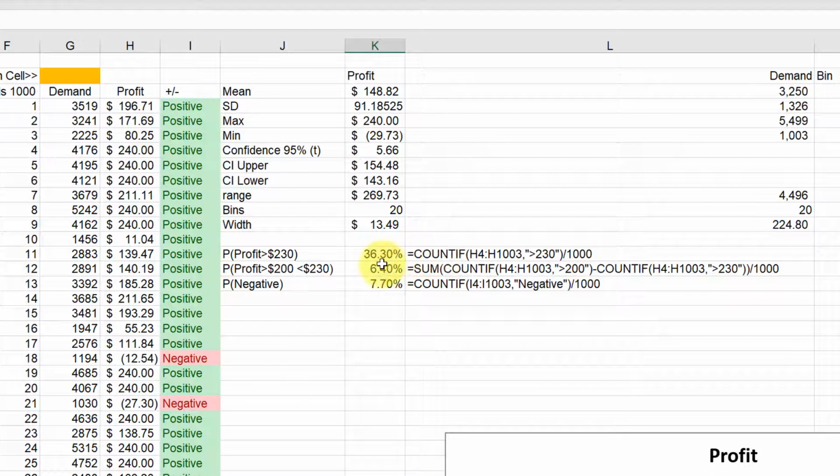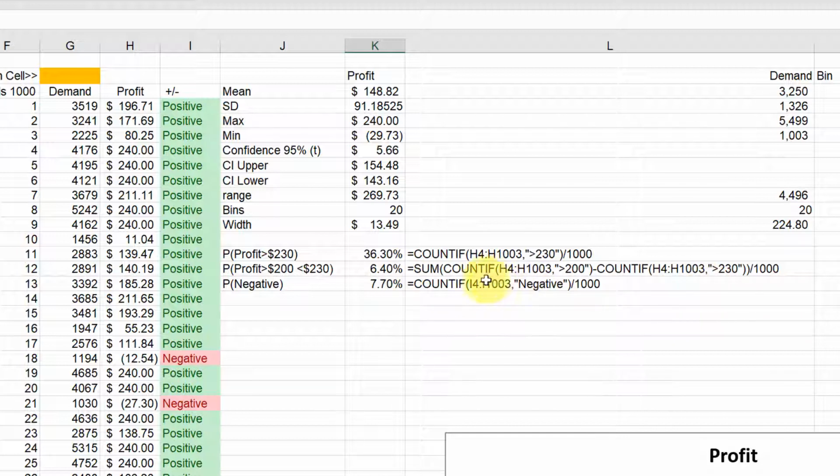And that came out to be 36.3%, or the COUNTIF brought back 363 places or outputs where the profit was greater than 230. So we'd have a 36% chance of making more than $230. If you wanted to find a range, in this case, someone said, what is the probability of the profit being between $200 and $230? And one way to do that is to use the COUNTIF again.